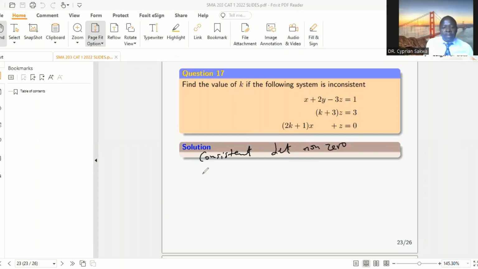But for an inconsistent system, the determinant will be 0. So I want to use that knowledge, get this determinant equal to 0, and I'll get the value of k. Then I'll show another way, which you know.